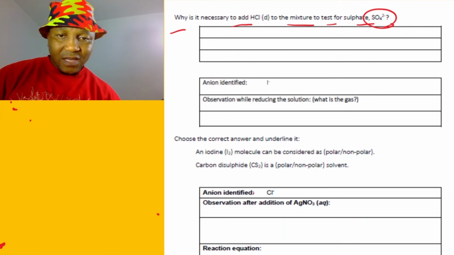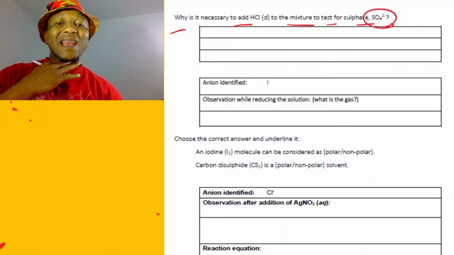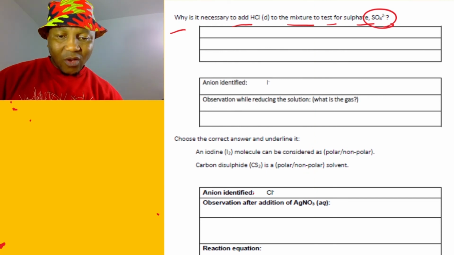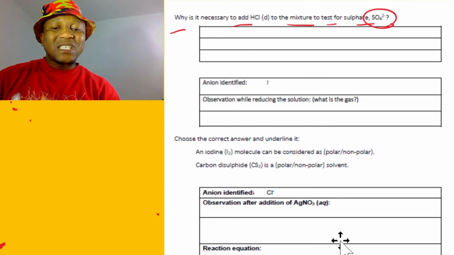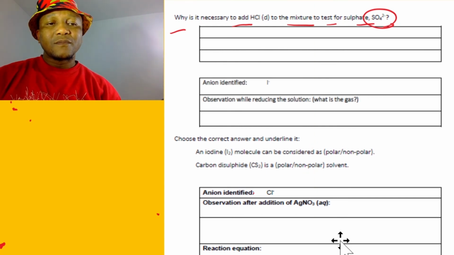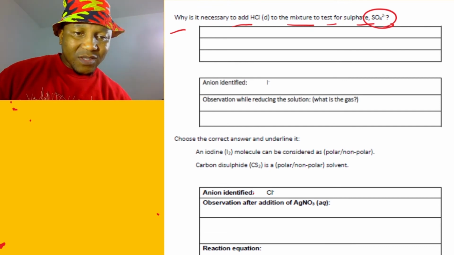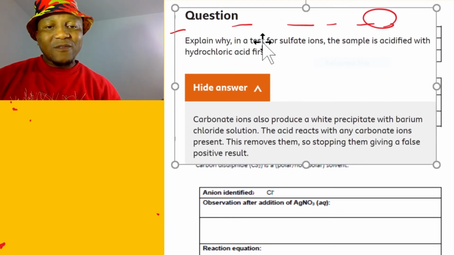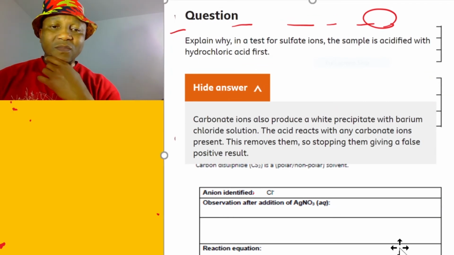They say, why is it necessary to add hydrochloric acid? So you can see from the beginning we add hydrochloric acid. Why do we have to test the sulfate ions?